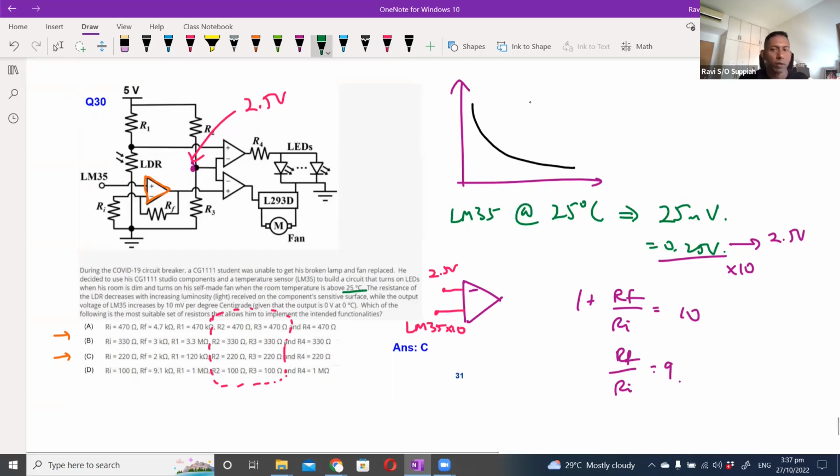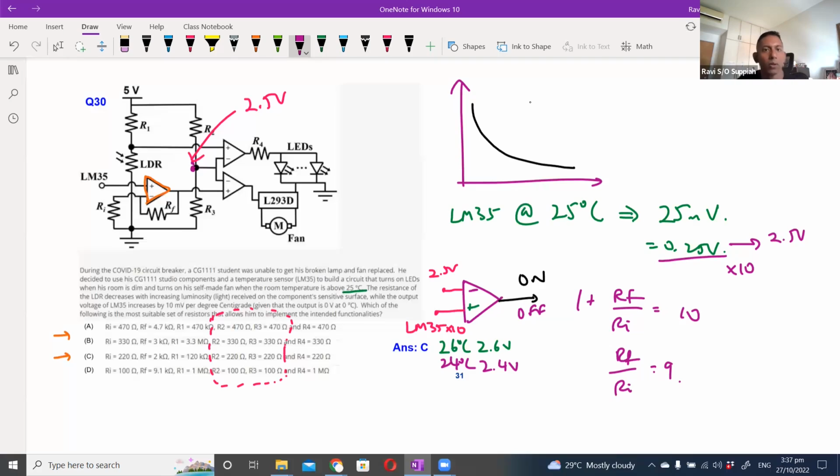If my temperature goes up a bit, let's say 26 degrees Celsius, which means it is 2.6 volt, then at the output side I will turn on the fan because V plus will be greater than V minus. So I'll have a positive Vset, which will turn on the fan. If my temperature goes low a bit, 24 degrees Celsius, that means it's 2.4 volt, then I will turn off the fan.